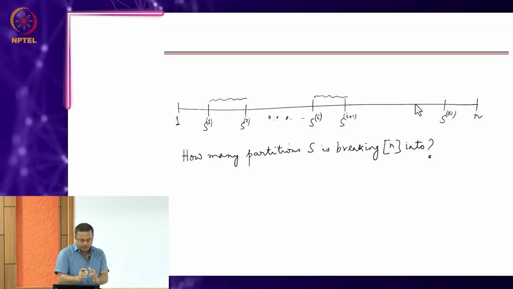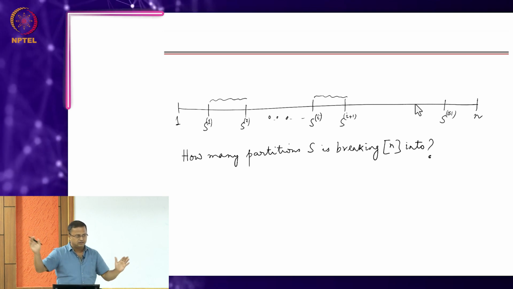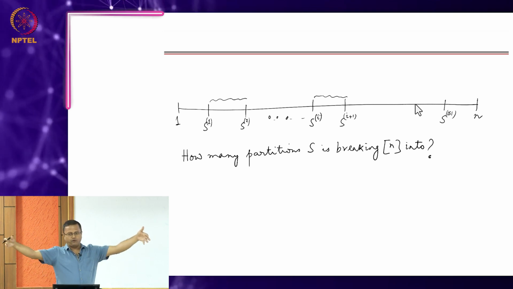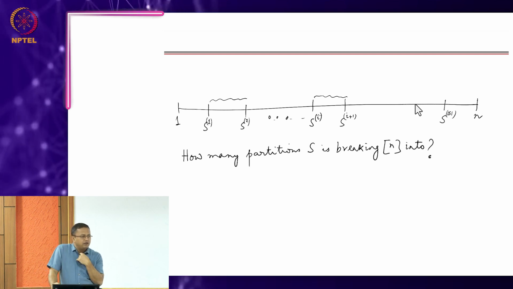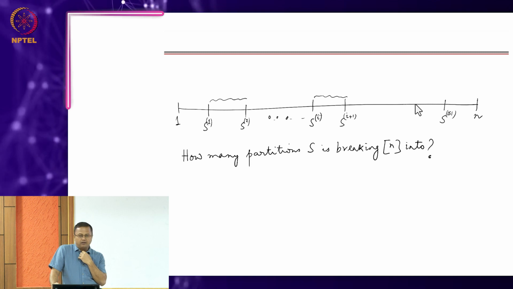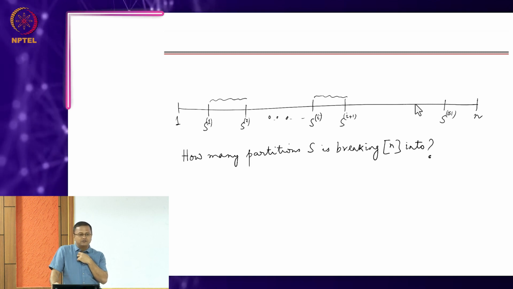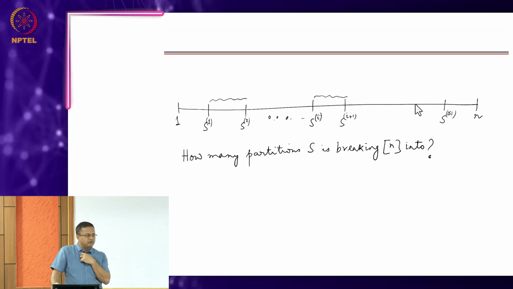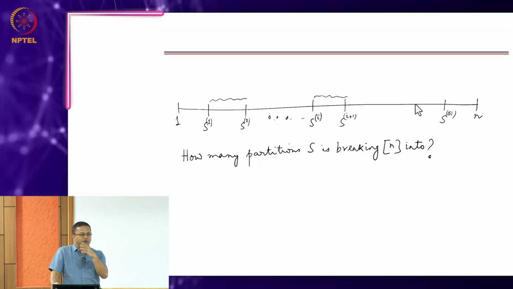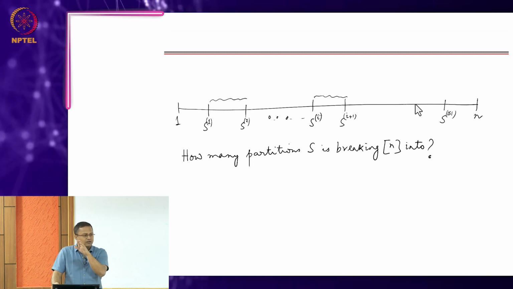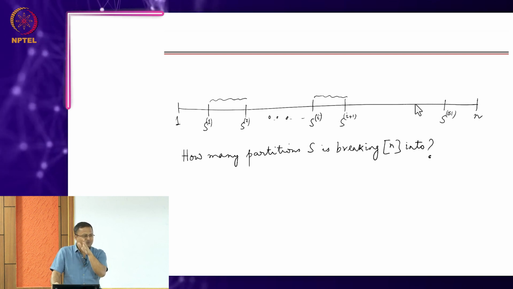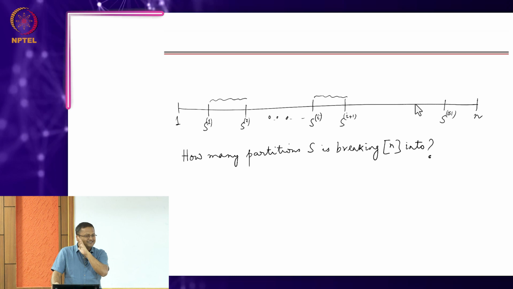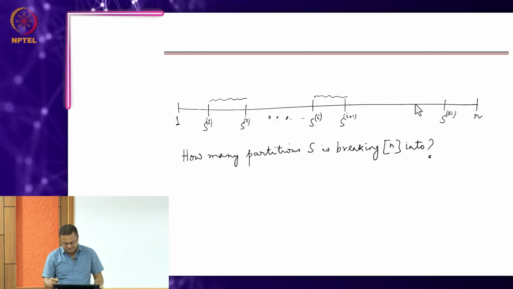Think of these members of S as guards or sentinels which you have placed on the line 1 to n. So, how many such intervals should be there? If you place 1, how many intervals do you get? 2. So, if you place |S|, you get |S| plus 1, right.